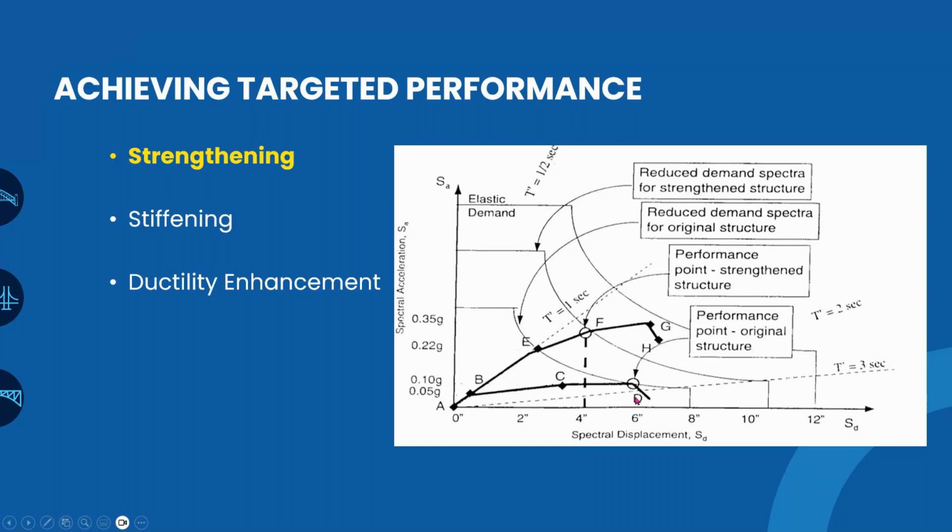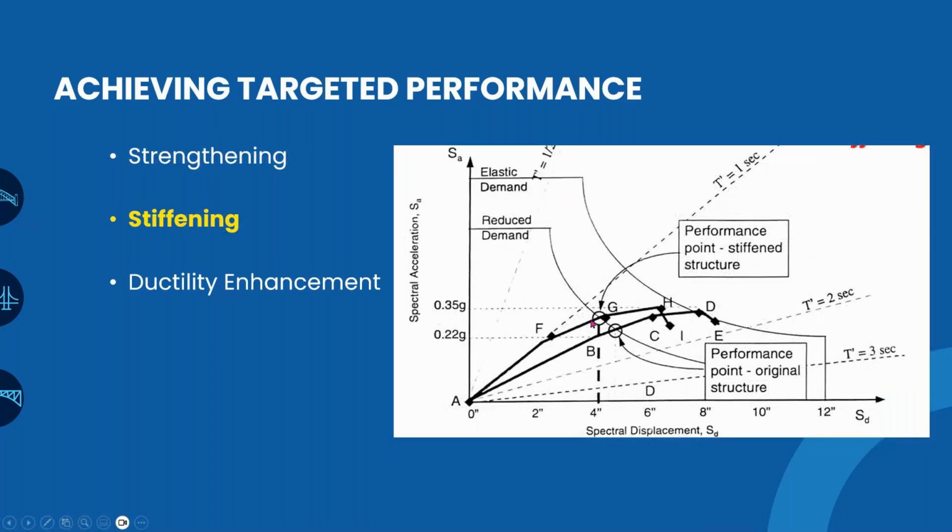The spectral displacement, or the performance point that we are getting at the intersection of the capacity and the demand spectrum, is this. But now, as we have strengthened the structure, the performance point that we are getting is somewhere here. So if your structure is underperforming, then we can do strengthening to increase its performance or reduce the spectral displacement.